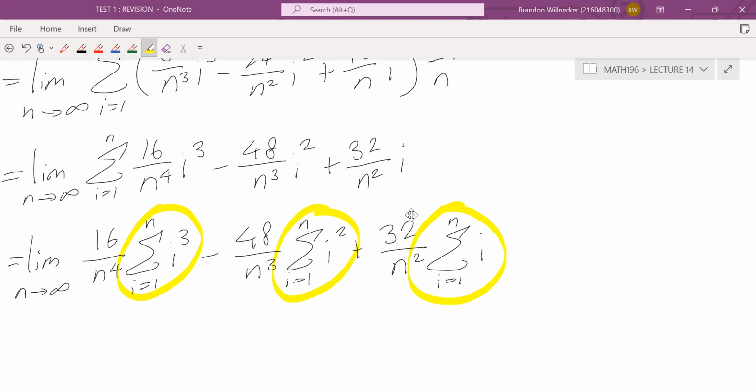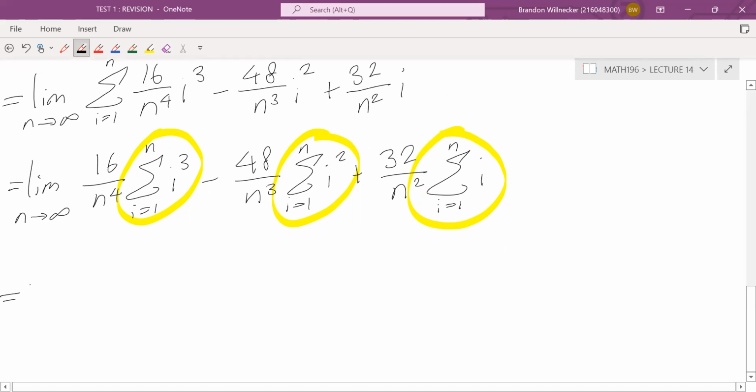Okay, remember, we don't want to work with summations. We'd rather work with the closed form expressions with n. So we're going to replace the summations with the expressions in terms of n. So let's do that. So this will be the limit as n goes to infinity, 16 over n to the 4.